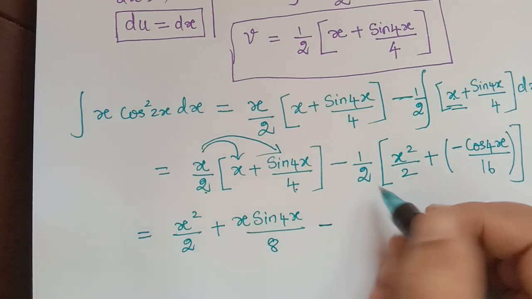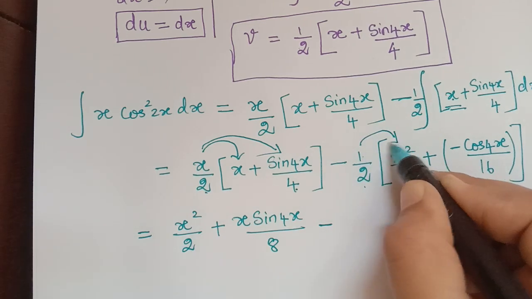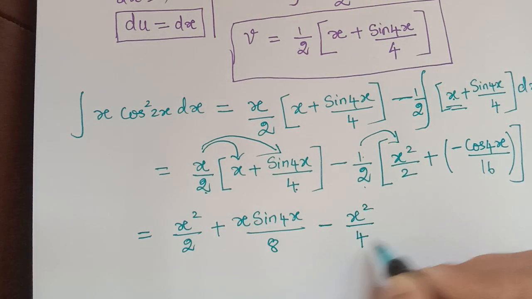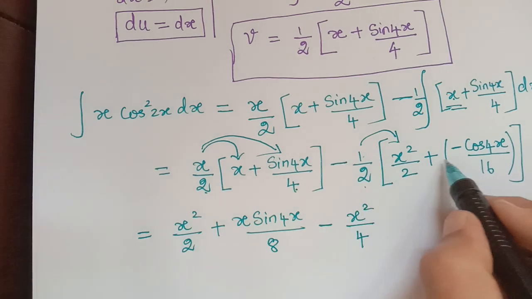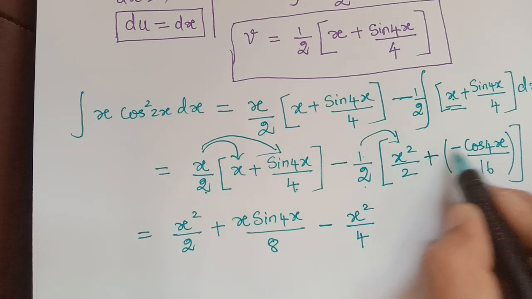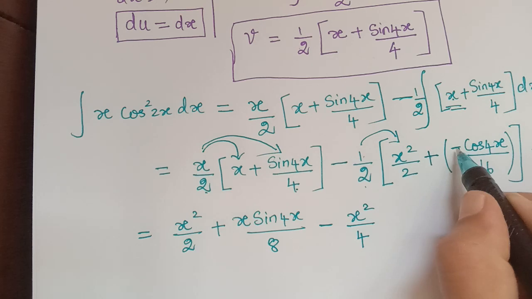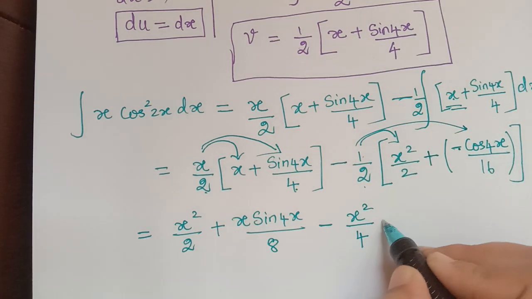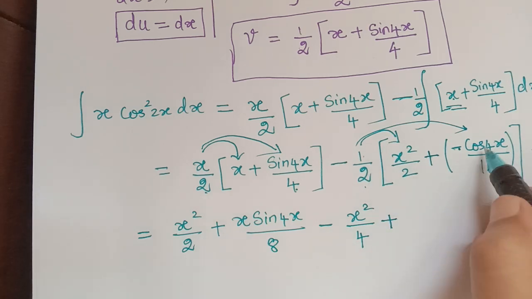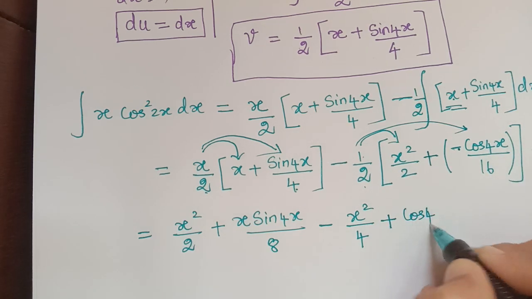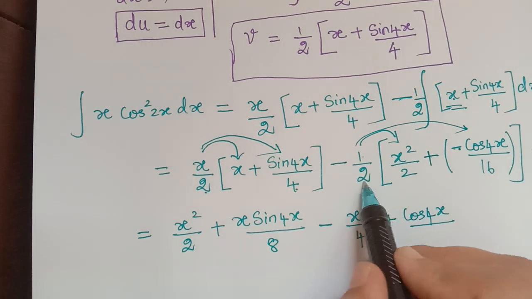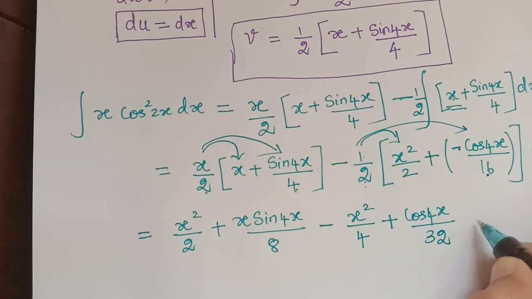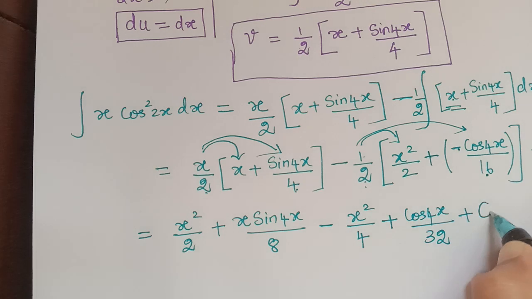So minus 1 by 2 gets multiplied with this, so we get x squared by 4. And then minus into plus is minus. And again we have a minus here, so minus into minus turns out to be plus. So when we multiply with this term, it becomes plus. And here we have cos 4x, and in the denominator this 2 gets multiplied with 16 and it becomes 32. So 32, and plus a constant c.